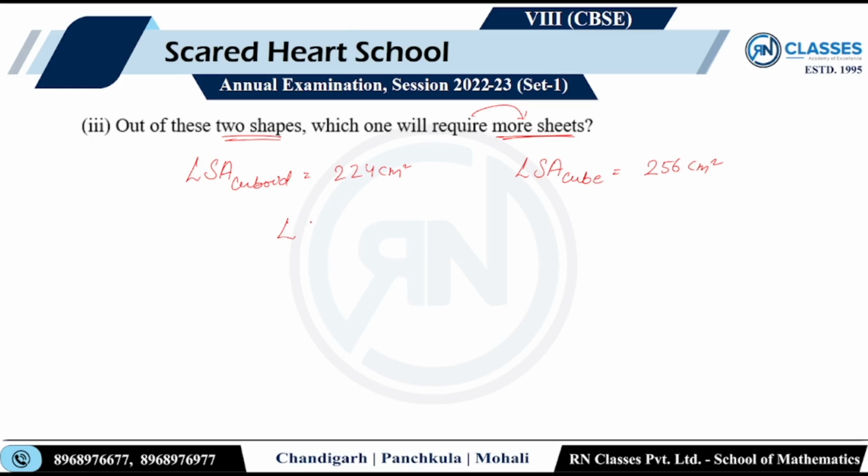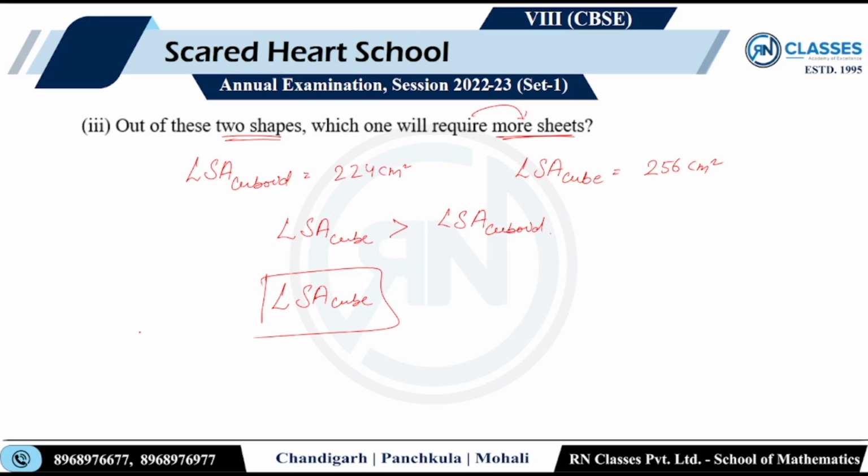Lateral surface area of cube is greater than lateral surface area of cuboid. So, of course, the answer is the cube.